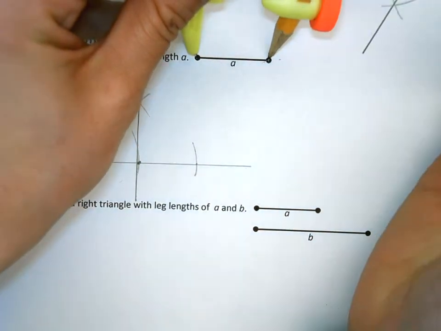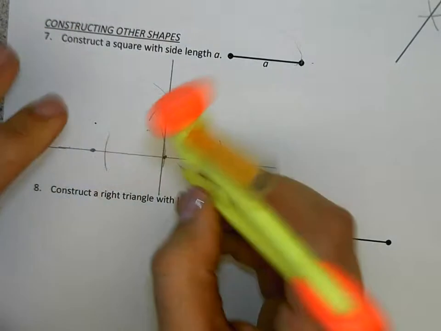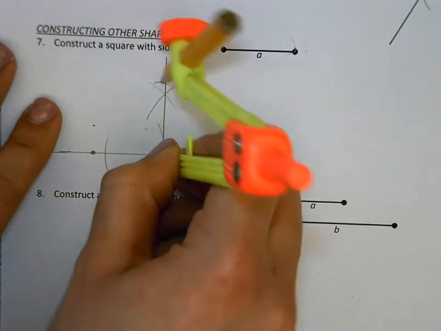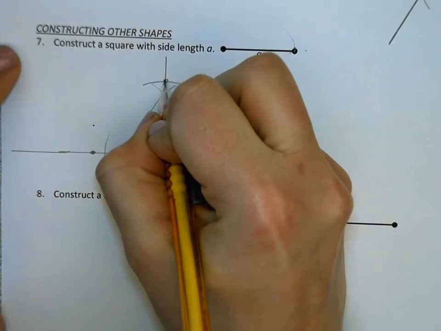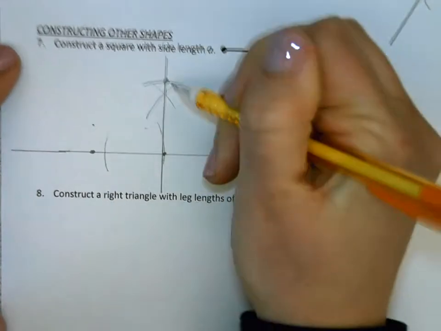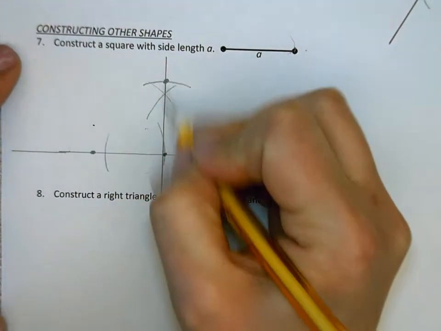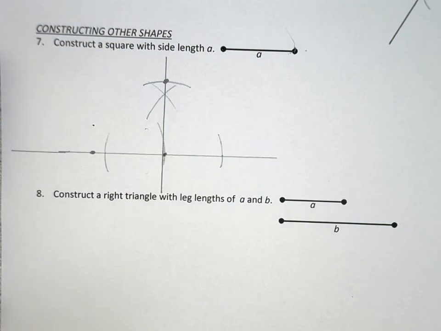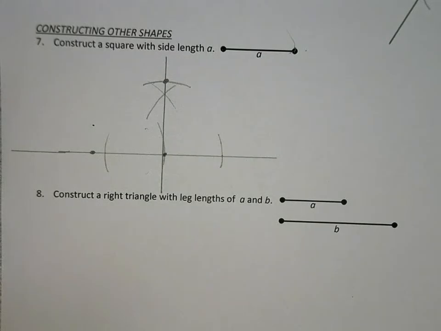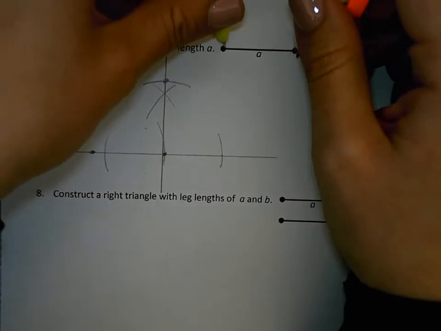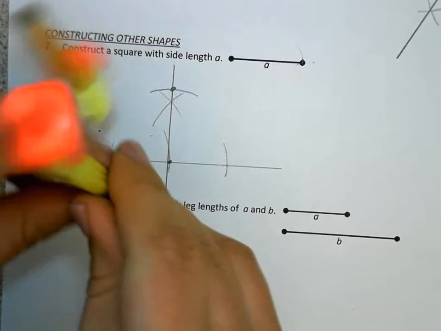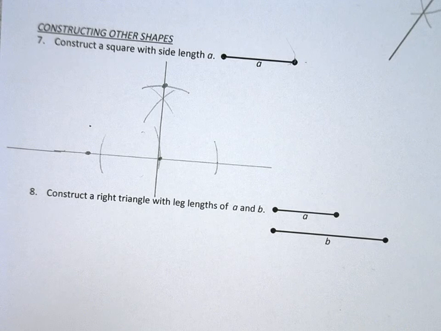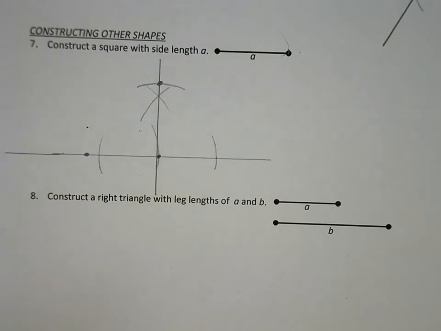Okay, so copy A again using the line we just made, and put a point there. So we know that this segment is also the same length as A. According to my measurements. Yeah. And then this one. Yep, they're the same. Is everybody good? You see what I did?